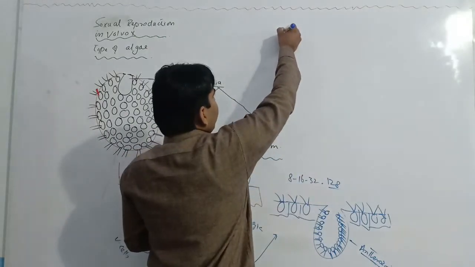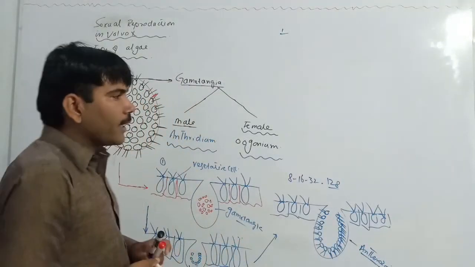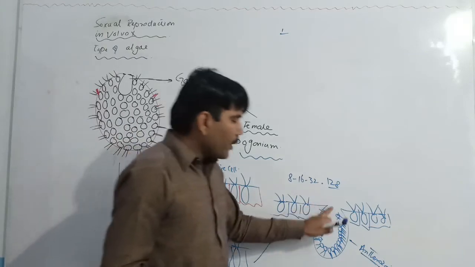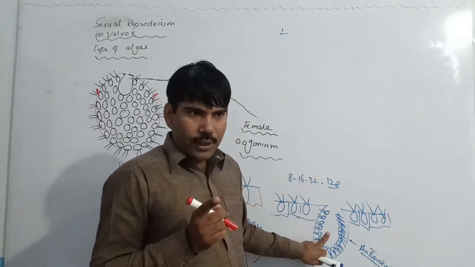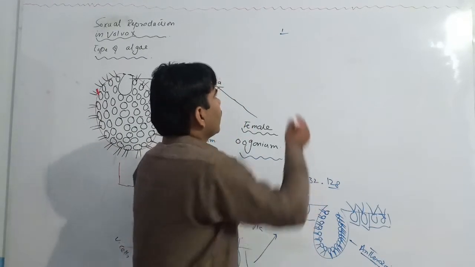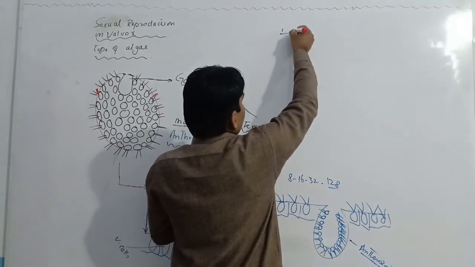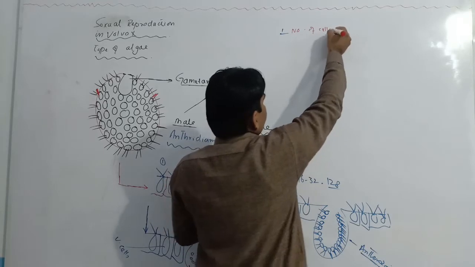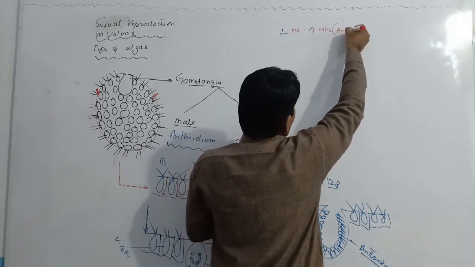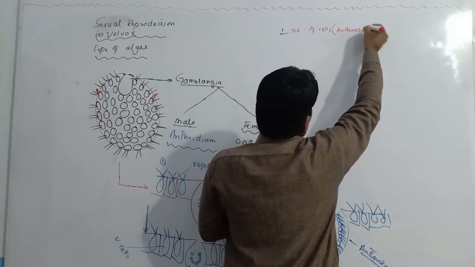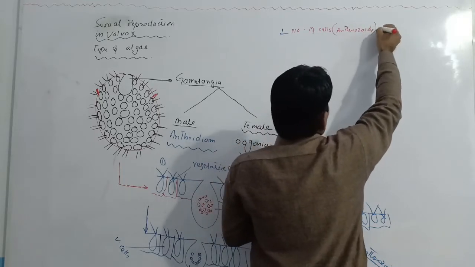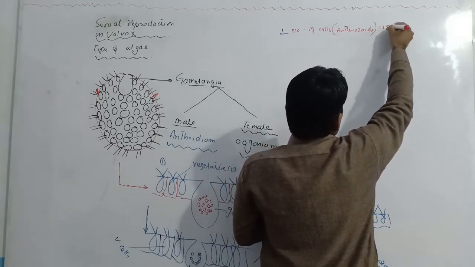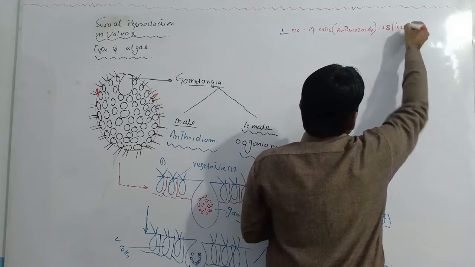Number one condition, or case, is when the number of cells is 128 or less. The first condition is that the number of cells, here meaning antherozoids, is 128 or less than 128.